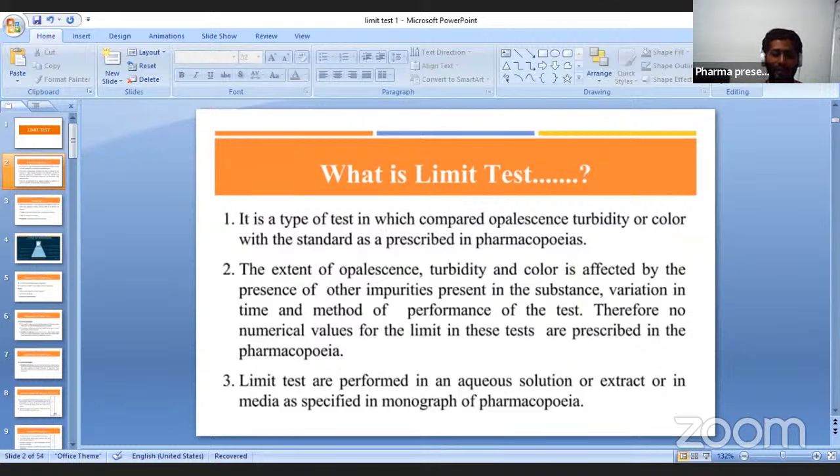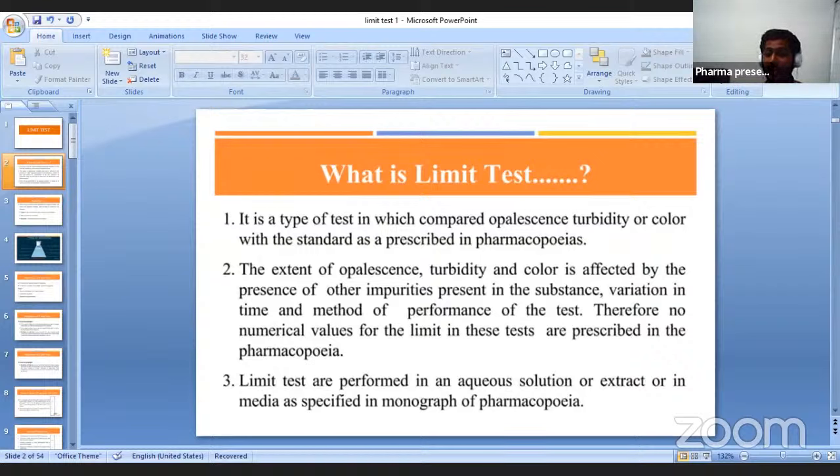So here, let us see what is the principle that is going to happen in this. Metallic arsenic in the sample dissolves in HCl as arsenic acid. Now, this arsenic acid is reduced by reducing agents: zinc with HCl, tin as stannous chloride, and potassium iodide.